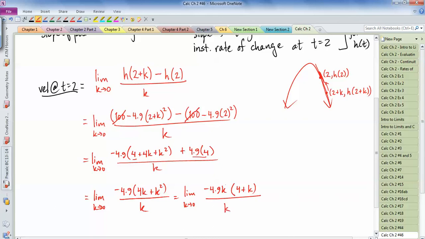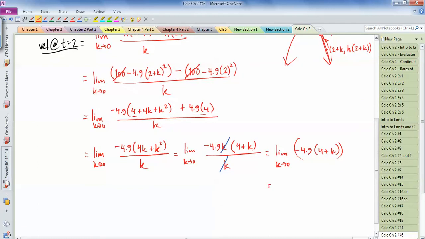And then these k's will cancel. And so what I'm left with now is the limit as k goes to 0 of negative 4.9 times (4 plus k). And when k goes to 0, this goes to negative 4.9 times 4, which is negative 19.6.